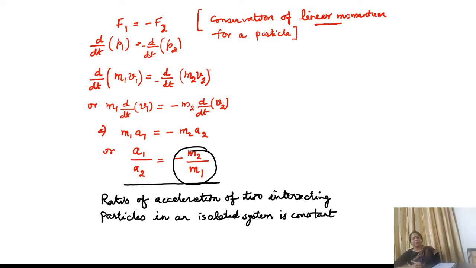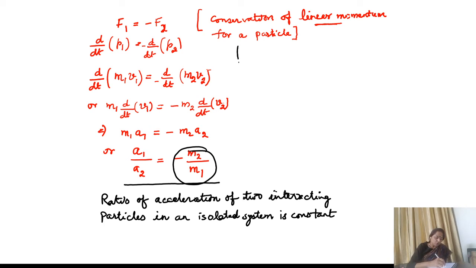And what is its value? It is inversely proportional to the ratio of their masses, because here it is A1 by A2 and here it is M2 by M1. So this is one concept which is related to Newton's third law of motion, the law of reciprocity.